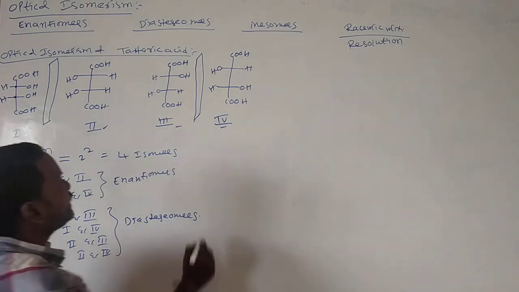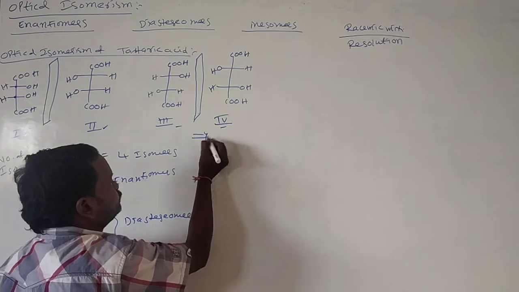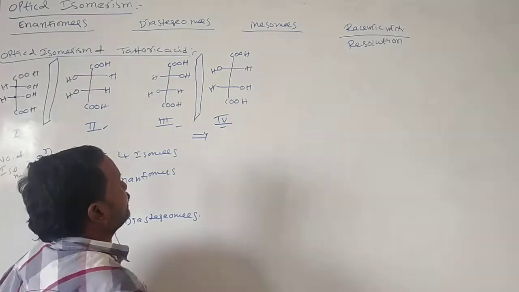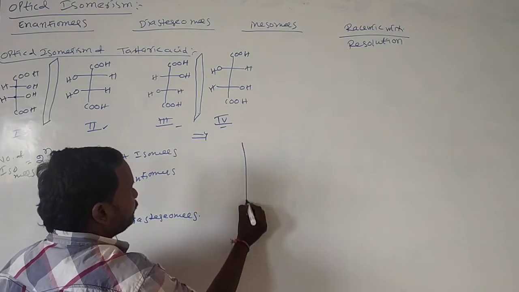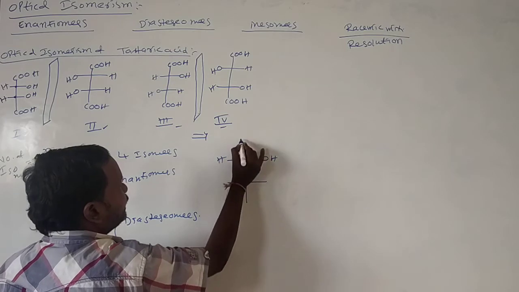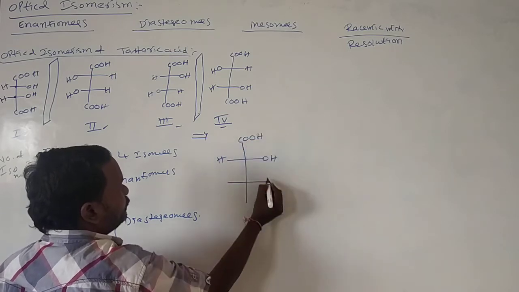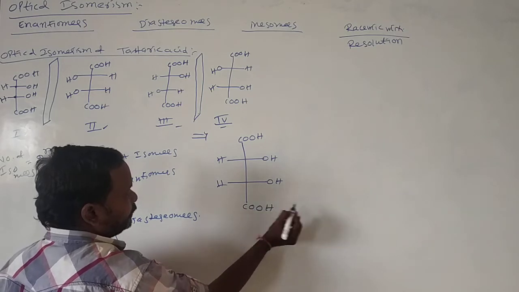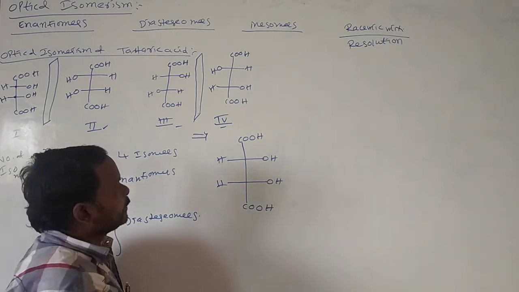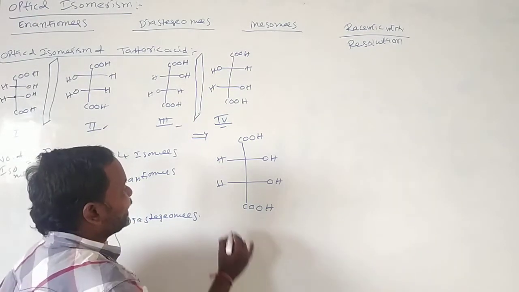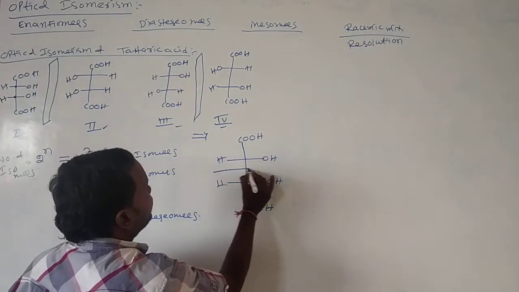And what are mesomers? Here I am taking one molecule, tartaric acid: OH, H, COOH, OH, H, COOH. This is one tartaric acid. See, it has a plane of symmetry.